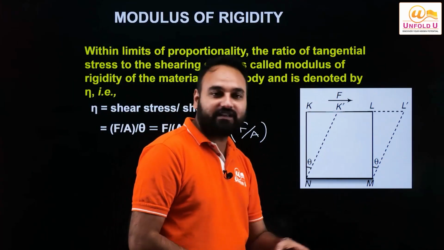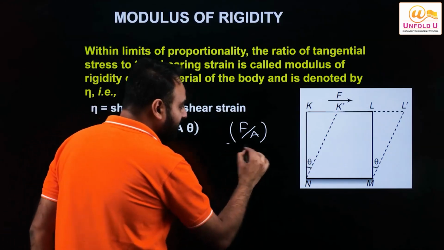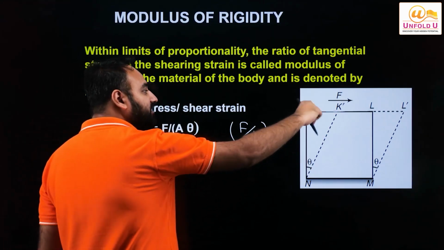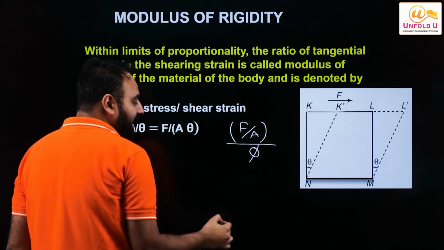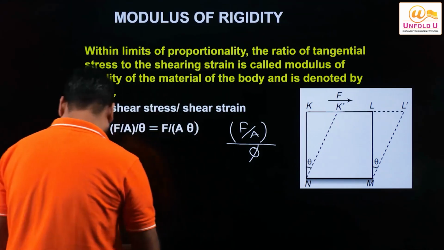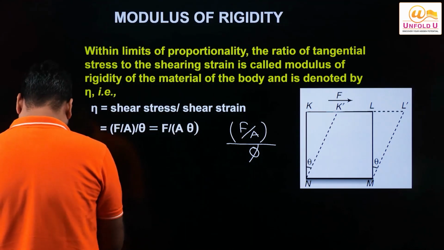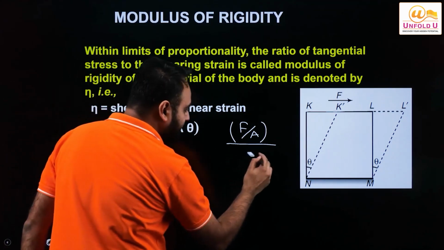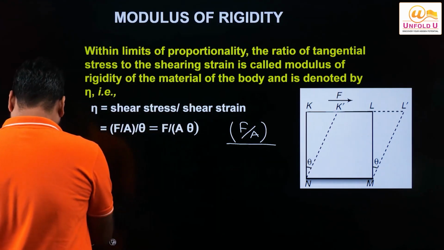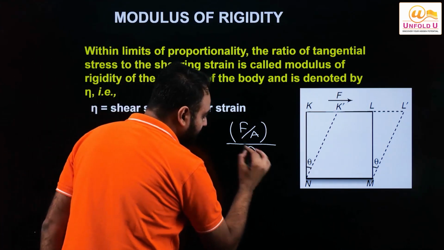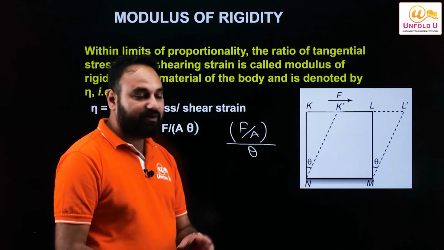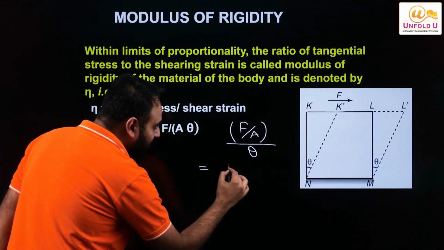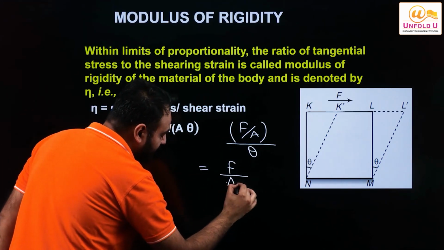We don't have to consider the normal area. This is an important thing. Divided by strain, and we define strain as phi, that means this angle, or you can take it theta, because here we are using theta. So it is the angle theta which we have to consider. Force per unit area divided by theta, so it will come out to be F by A theta.